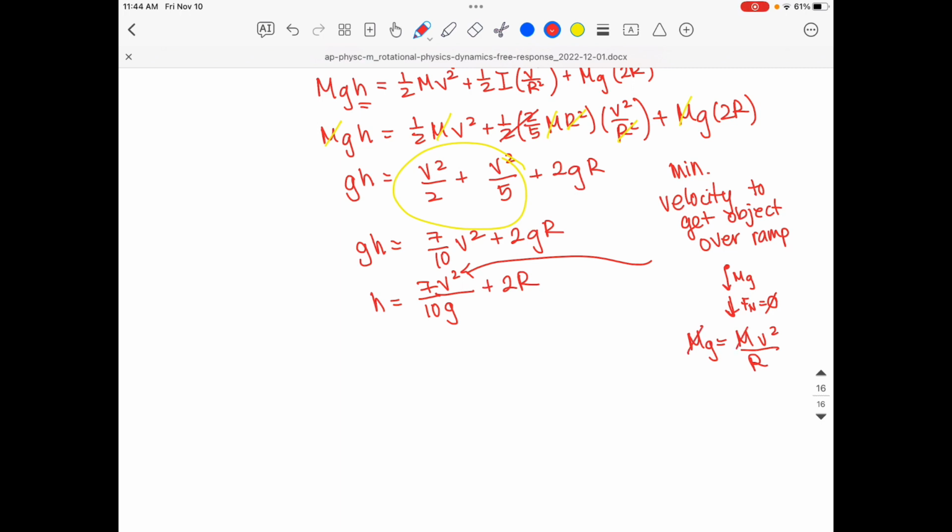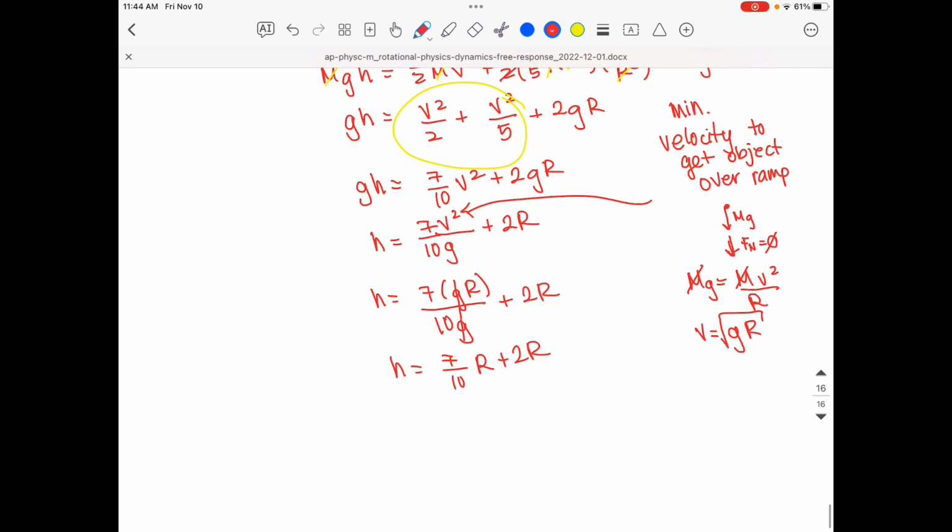The m's cancel out here. v is equal to the square root of gr. And actually, I need v squared anyway, so it's just gr. So 7 times gr over 10g plus 2r reduces to 7/10 r plus 2r. And that would give me 27/10 r. So that would be the height that we need to launch it at to get it over the ramp.